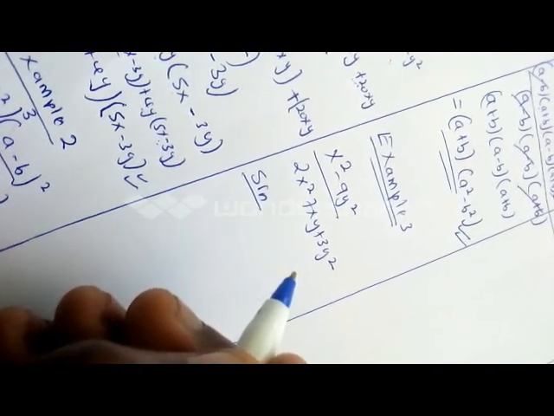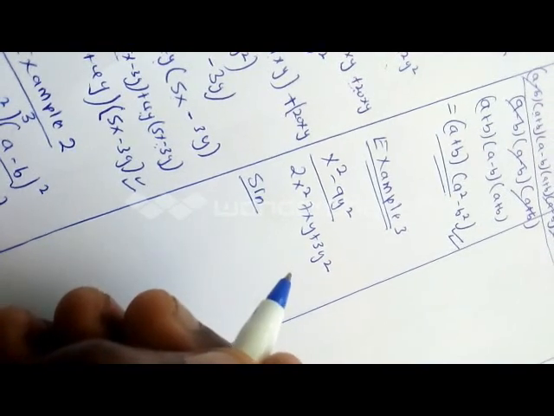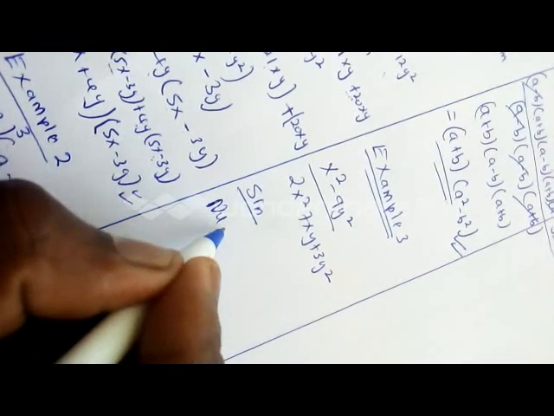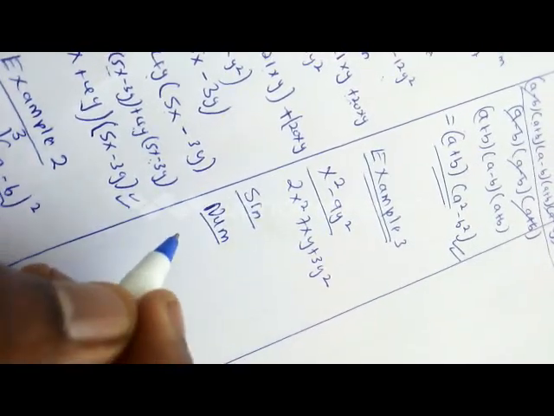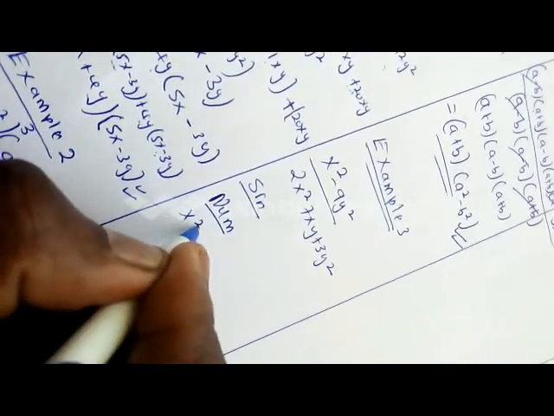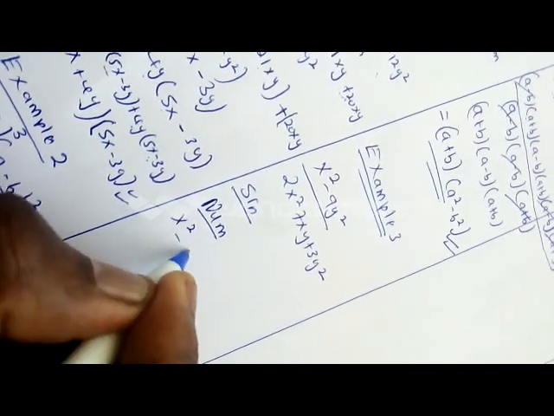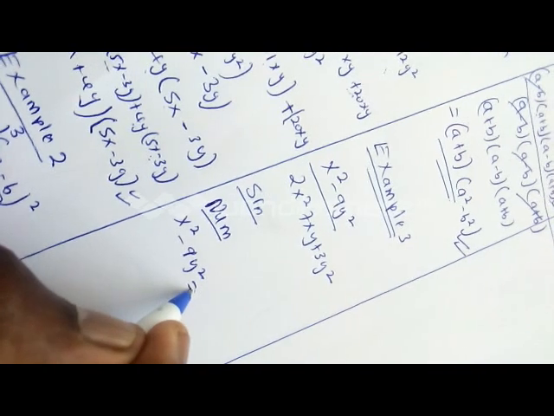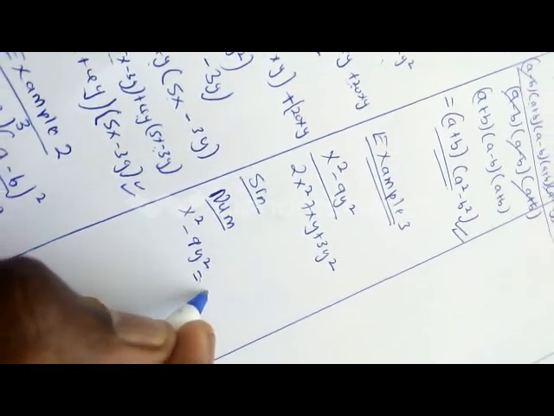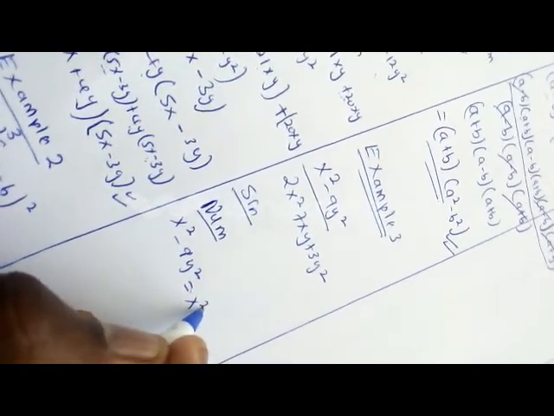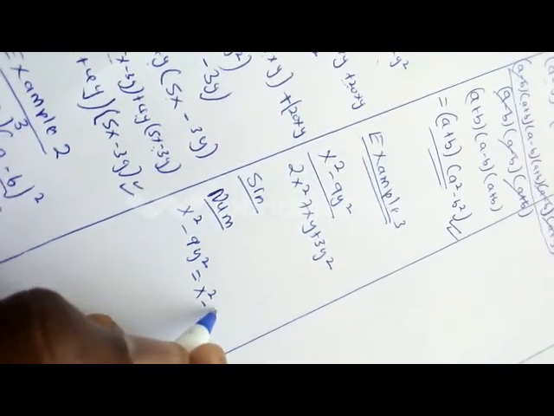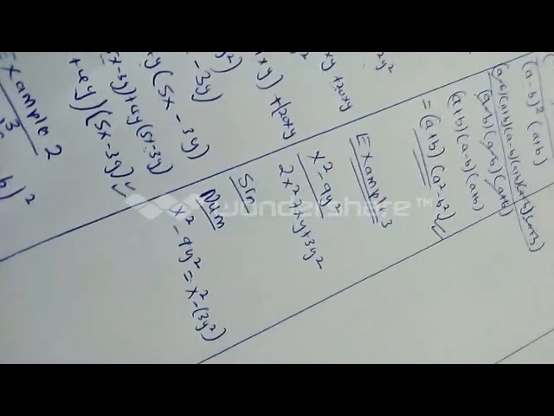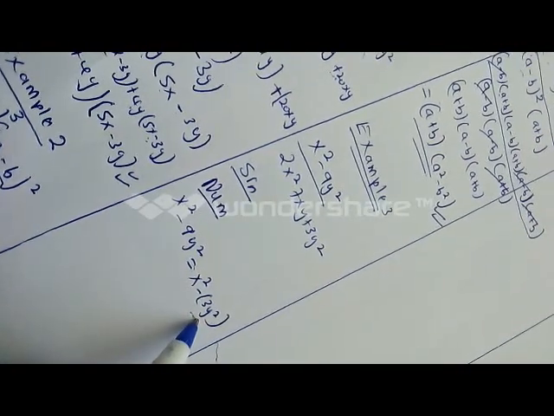So for this case, you handle each part, that is the numerator and the denominator. So let us handle the numerator part, and we have x squared minus 9y squared, which can also be written as, and you simplify, you get x squared minus (3y) squared.